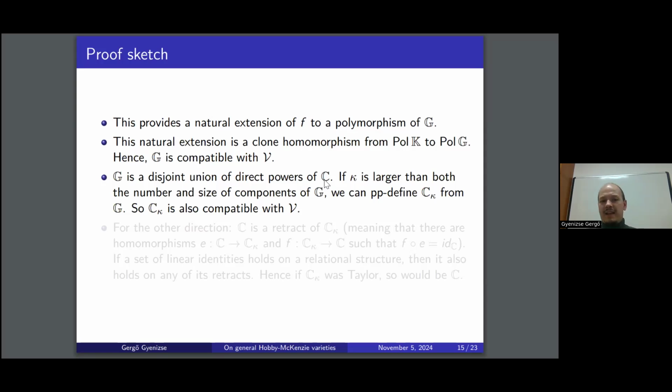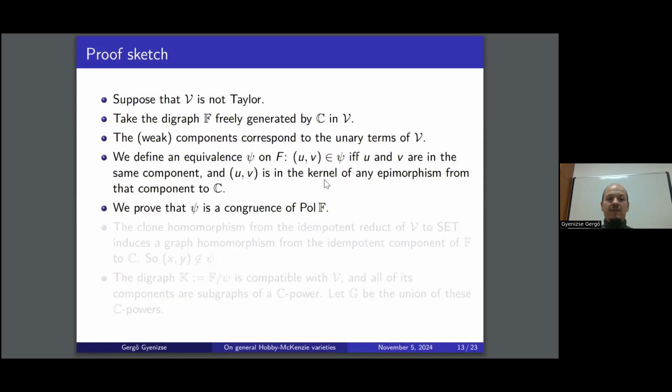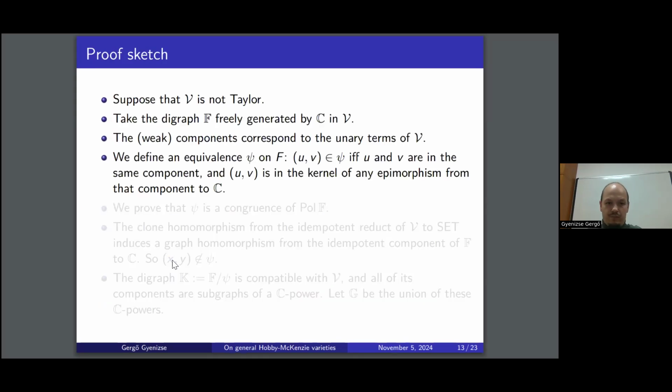And by some PP constructions, we can canonize that. So this is a graph that has components that are direct powers of C, and it can be seen that it can be canonically chosen as this disjoint union of powers of C.